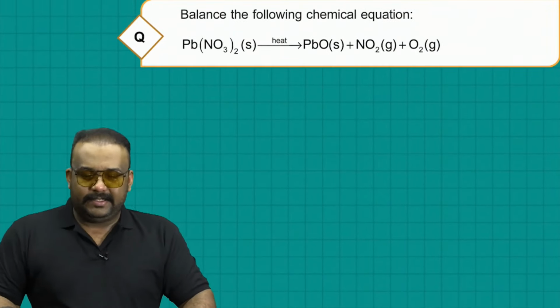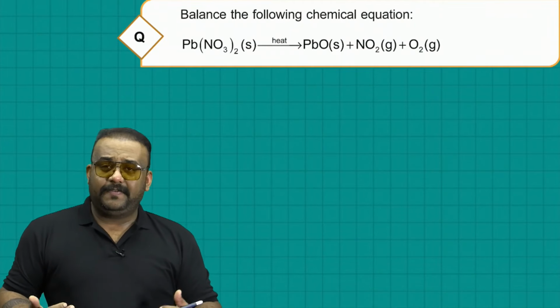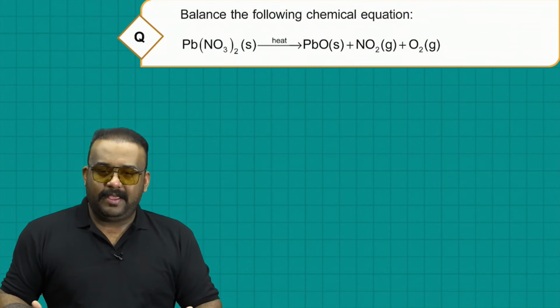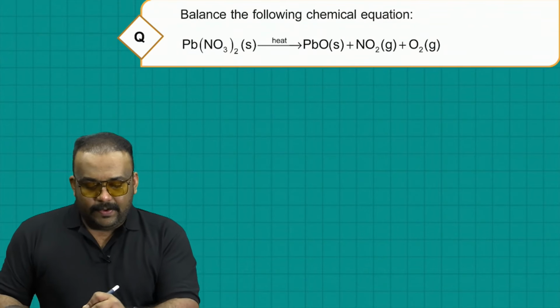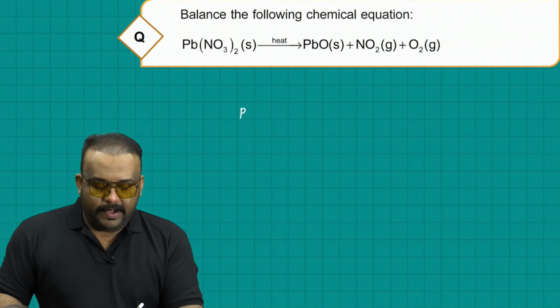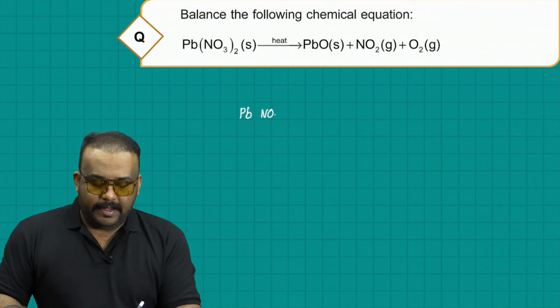Again, a question related to balancing. As I said, we have to count the number of atoms on both sides of the equation and make them equal. So in this reaction, we have lead nitrate undergoing decomposition.